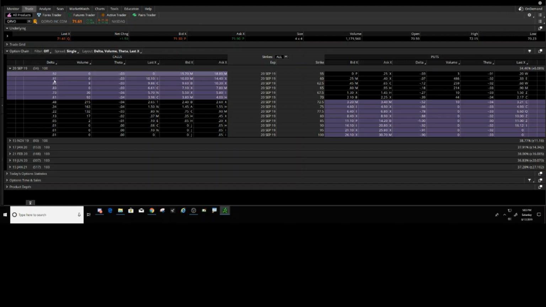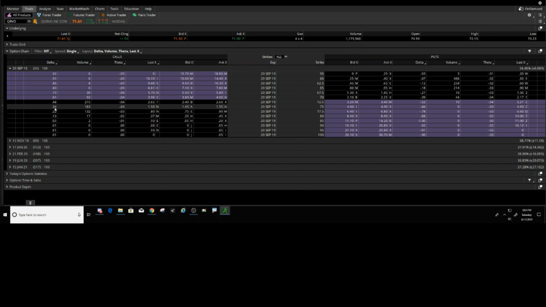Well, basically what these numbers over here mean, folks, is how many dollars your option price will increase if you're in a call, for every dollar move in the underlying stock price. So every time QRVO goes up $1, say we picked the 34, delta 34, you will hear me say that many, many times.